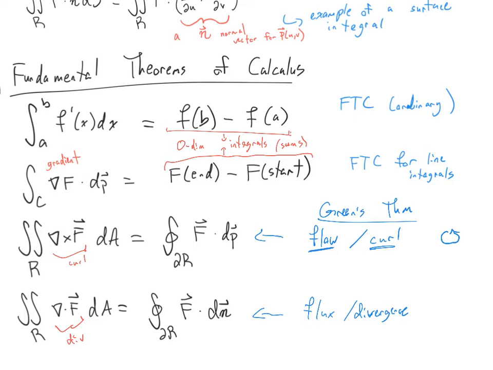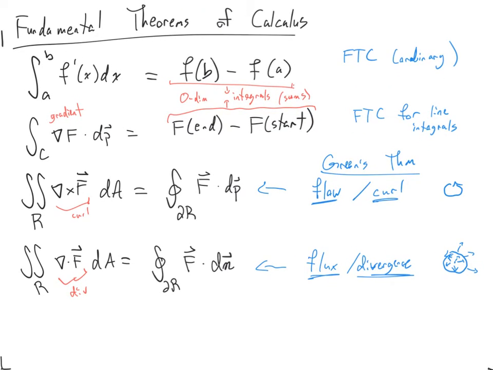And you can also imagine if your region is really small, then the divergence is measuring how much flow there is going out, which is going to be the same as how much is crossing this curve C. So that's why divergence pairs with flux. So the divergence theorem that we're going to introduce today will be yet another fundamental theorem of calculus. So let's make note of that.